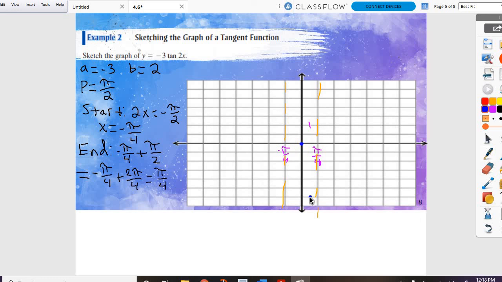So we're going to be up on the left side and down on the right side. So that is what our graph looks like. And that will be one cycle. Now remember that this goes on forever, so we could always draw more cycles. So it's just going to repeat itself to the left and to the right.